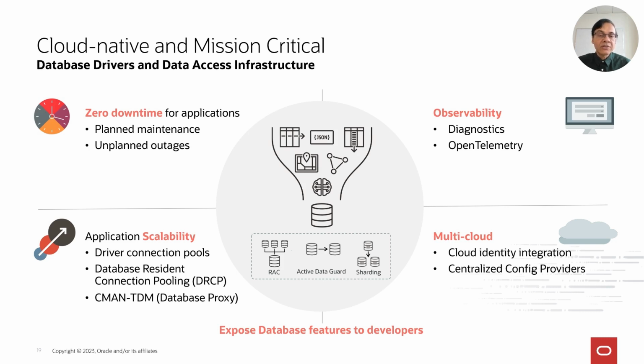Then we'll talk about application scalability, how we can optimize database resource usage while your application scales. Then we'll talk about unified observability and discuss specifically diagnostics and open telemetry. And then we'll go into centralized configuration and the security integration in a multi-cloud environment.